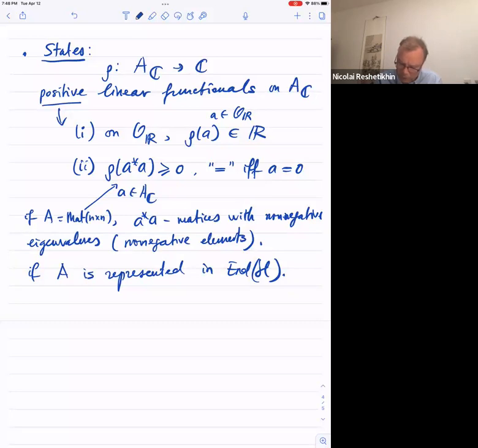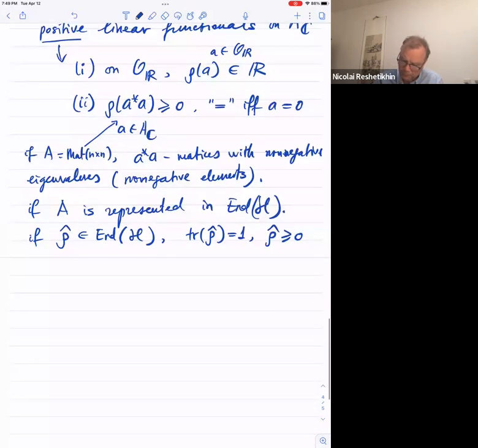I will just define it. In this case, rho belongs to endomorphisms of H, such that trace rho is 1 and rho is Hermitian and non-negative.